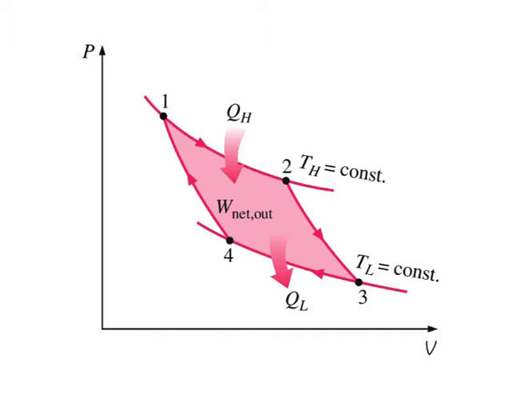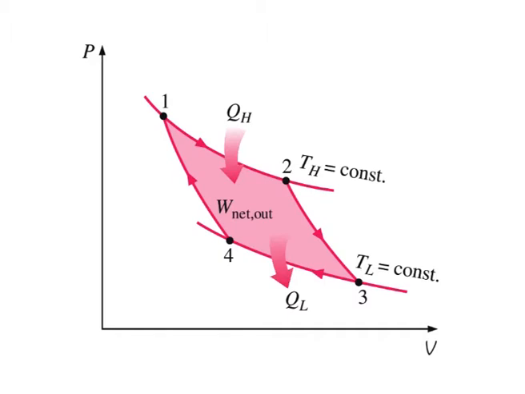The area enclosed by the path of the cycle is the difference between these two and represents the net work done during the cycle. Notice that if we acted cleverly and compressed the gas at state 3 adiabatically instead of isothermally in an effort to save QL, we would end up back at state 2, retracing the process path 3-2.